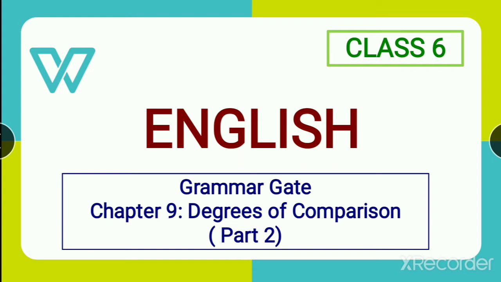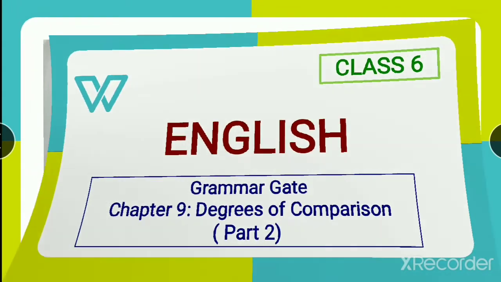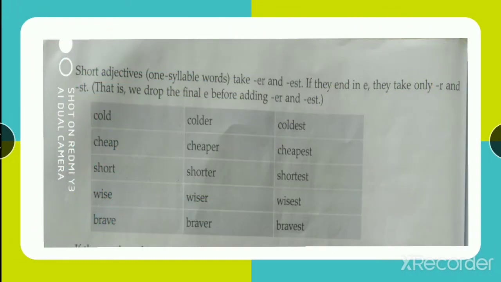Right? Now open your page number 76 of your textbook, right? And we are going to continue with the chapter. Now, if those things are clear to you about the ER, usage of EST, today's class would be easy for you. So now, let's start.